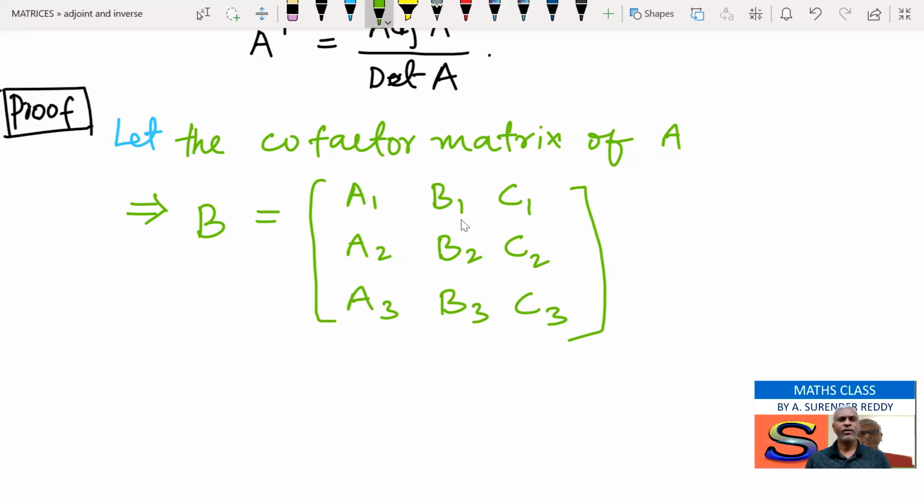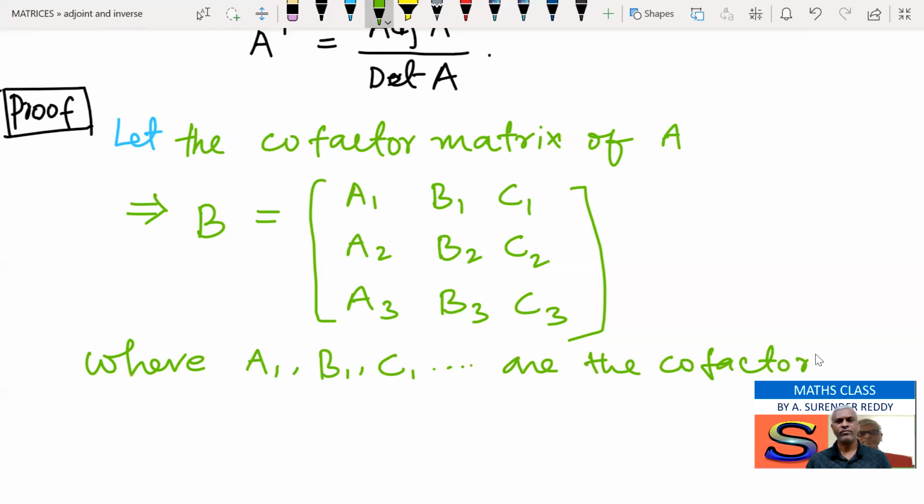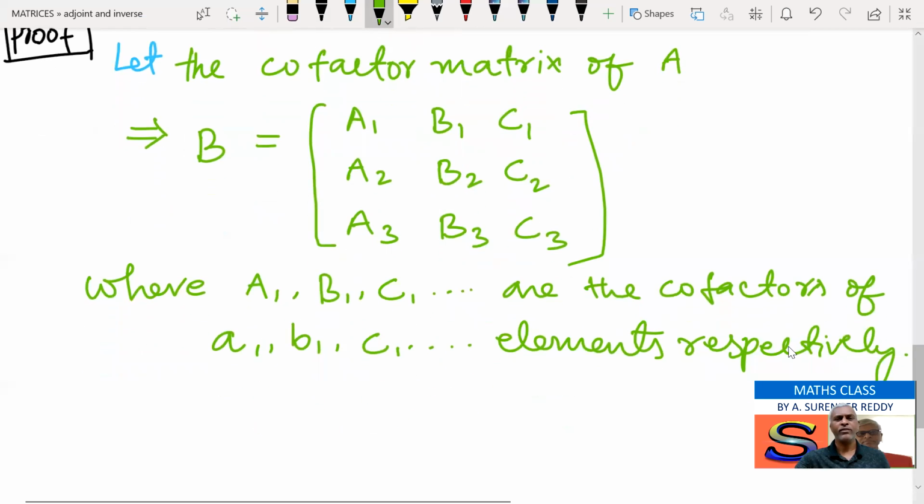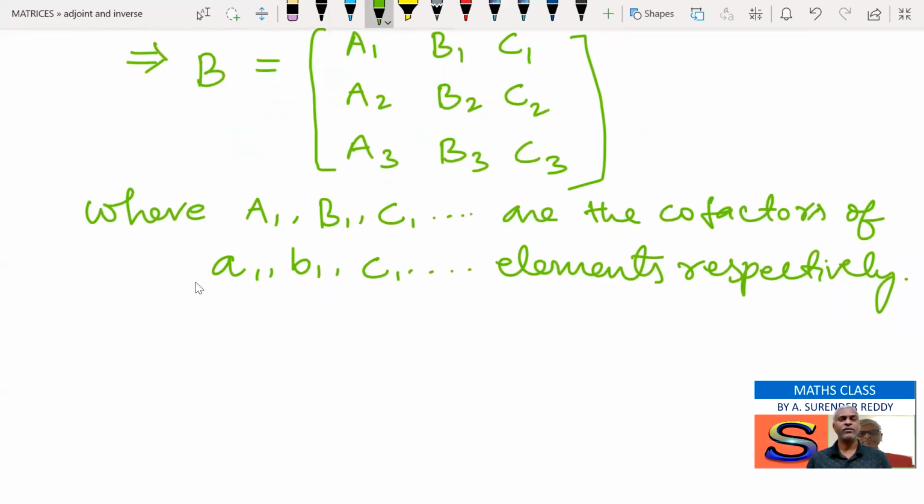where capital A1, B1, C1 are the cofactors of the elements of A, small a1, b1, c1 and so on.